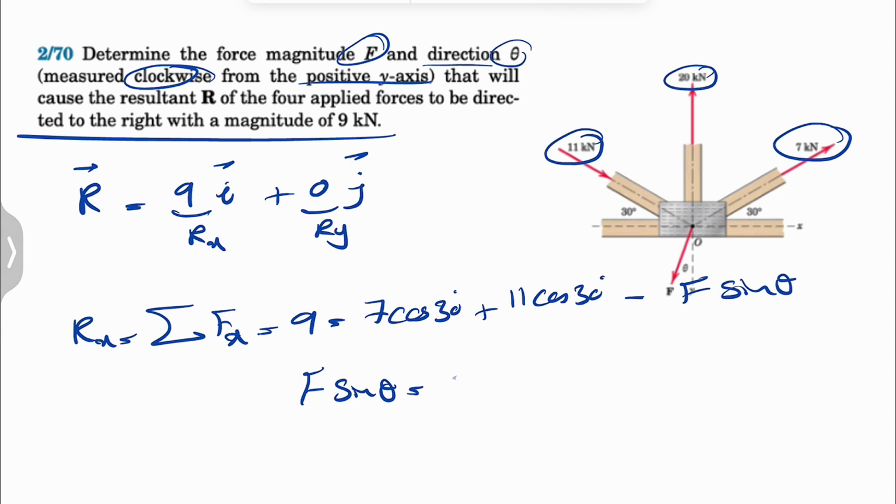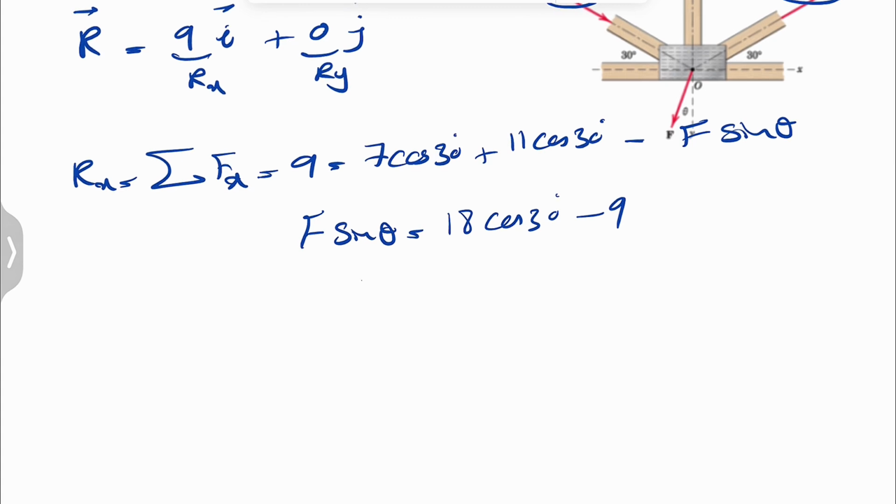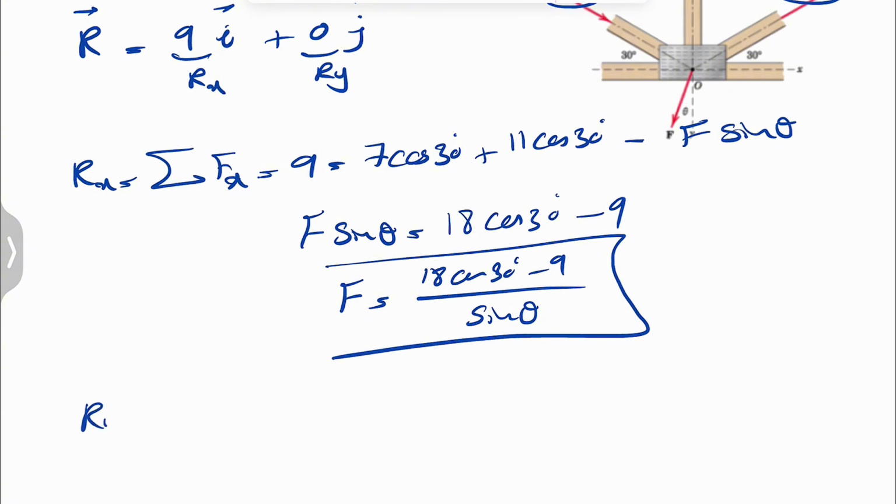We can factor the cosine of 30, so 7 plus 11, 18 cosine of 30 degrees, minus 9. And we can find F based on the theta, so F equals 18 cosine of 30 degrees minus 9 divided by sine of theta.